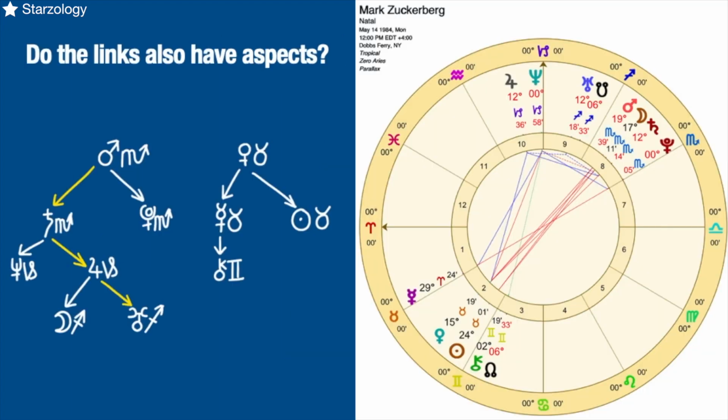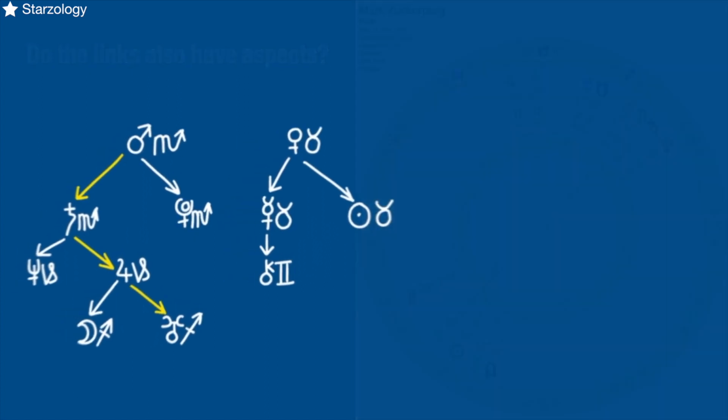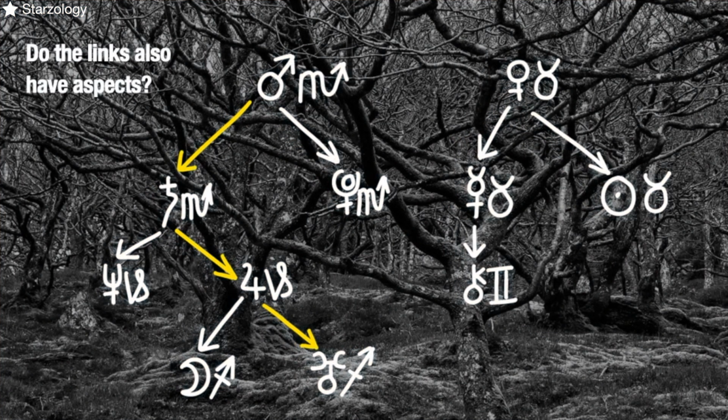The next thing we want to know is, do the links have aspects? Going back to Zuckerberg's chart here, we're going to ask which of these links, i.e. the arrows between two planets, also have aspects within the chart? If we take a closer look, the ones highlighted in yellow have an aspect. There is an aspect between Mars and Saturn, between Saturn and Jupiter, and between Jupiter and Uranus.